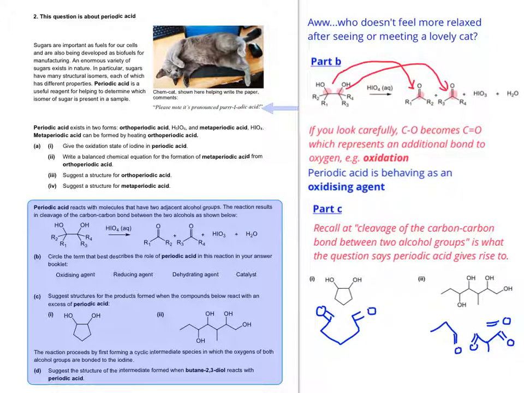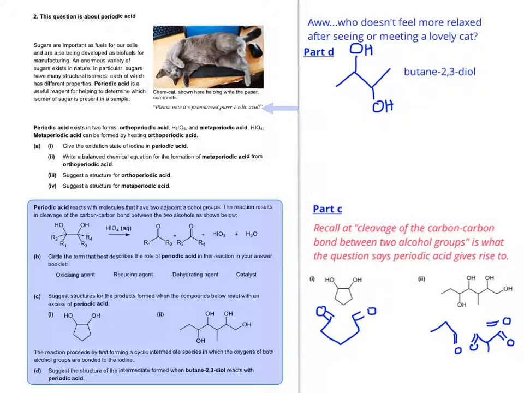So let's have a look at the structure that's formed when butane 2,3-diol reacts with periodic acid. If we take butane 2,3-diol, we draw the butyl chain first, and then it says the cyclic intermediate species in which the oxygens of both the alcohol groups are bonded with the iodine.